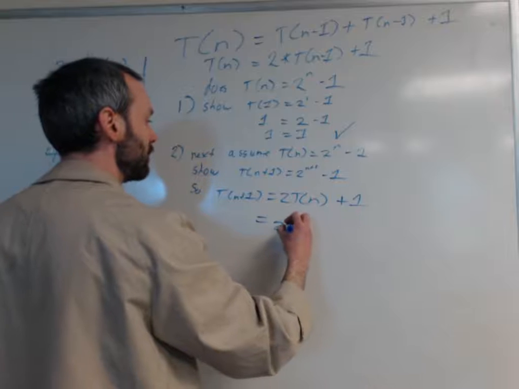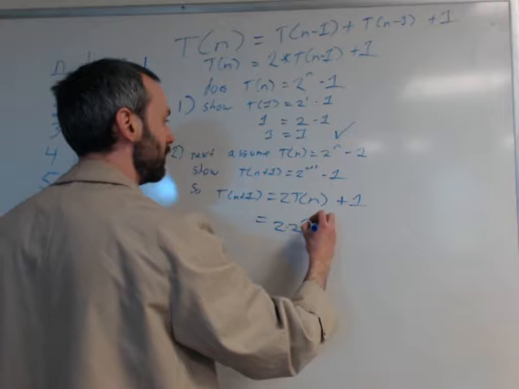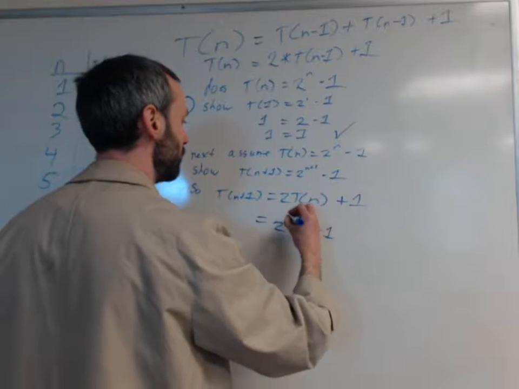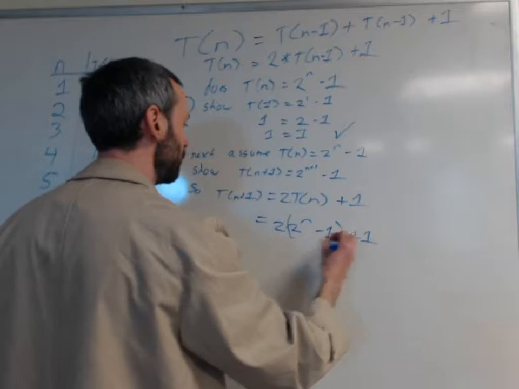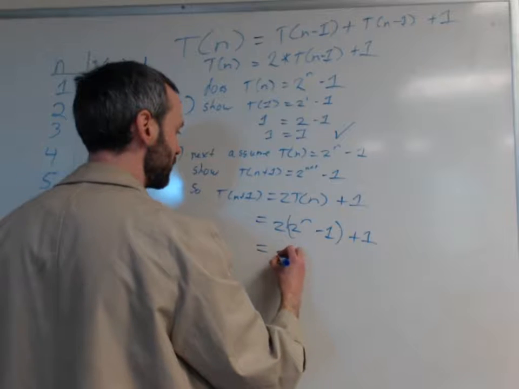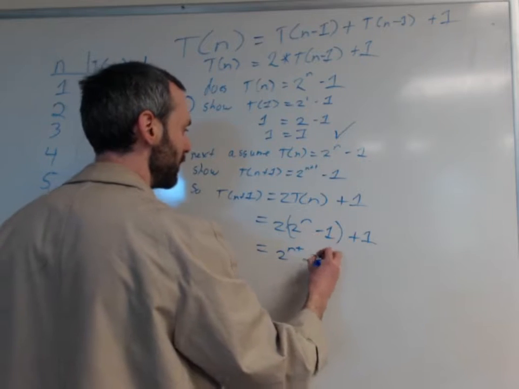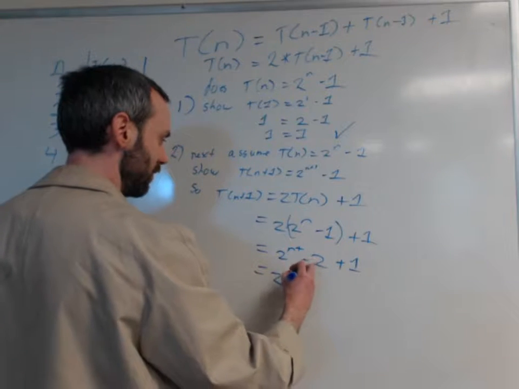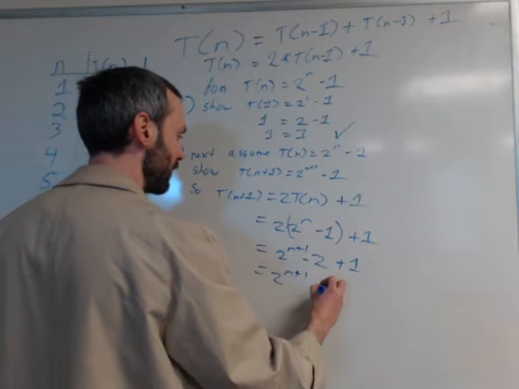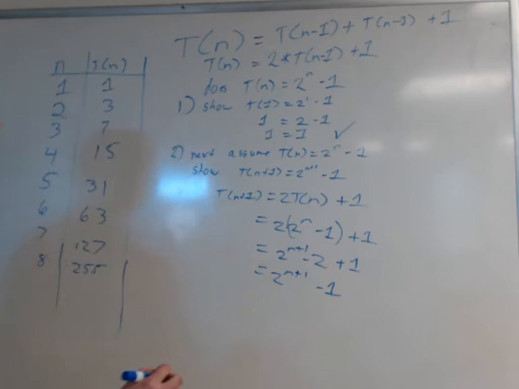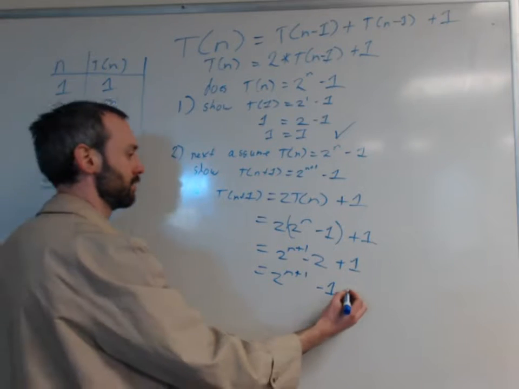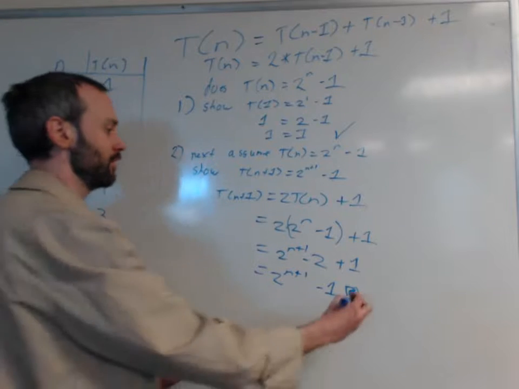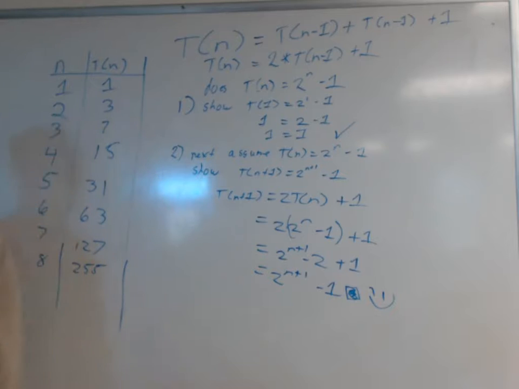So we can say that this equals 2 times 2 to the n minus 1, plus 1, which is equal to basically 2 to the n plus 1 minus 2 plus 1, which equals 2 to the n plus 1 minus 1. And is that what we were trying to prove? Yes, it is. We get to the little box, or you can do your happy face, or whatever you like.